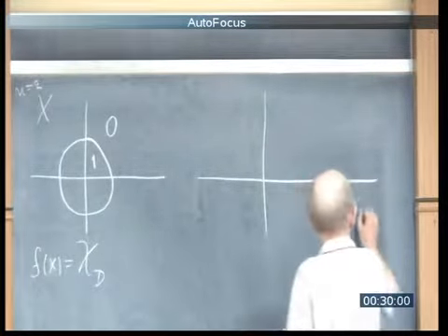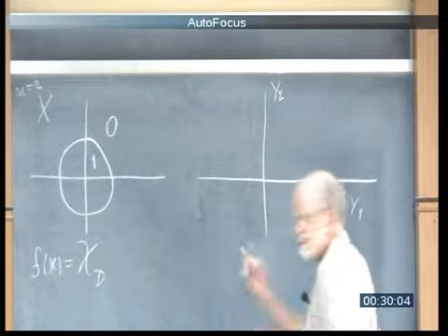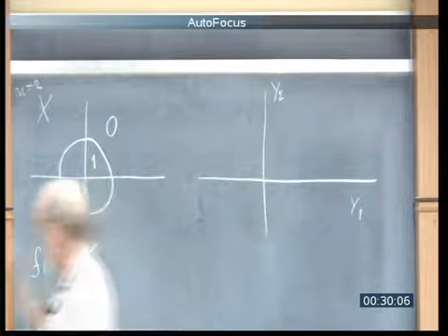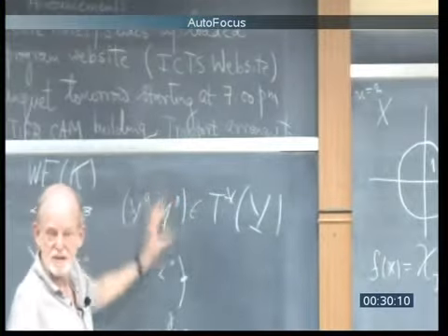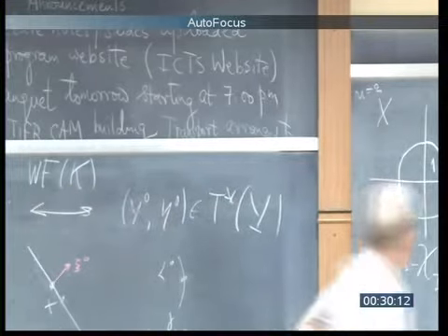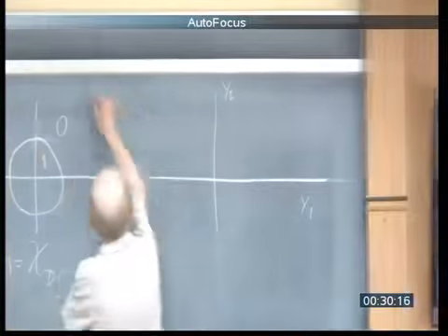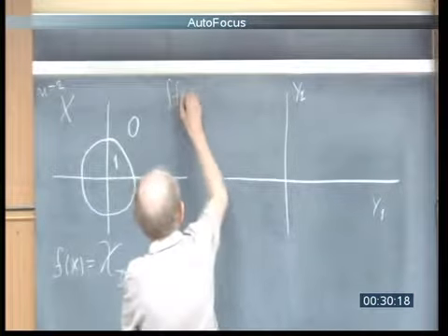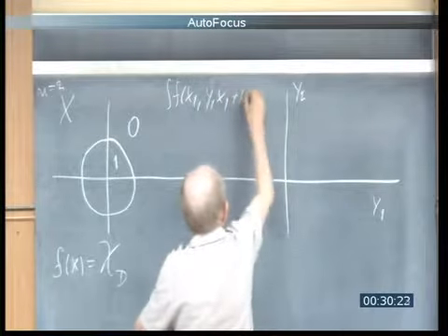So this is y1, y2. The reason I do it is that I think it will help to clarify the relevance of these cotangent vectors eta. If I should have the formula here: f(x1, y1 x1 plus y2).